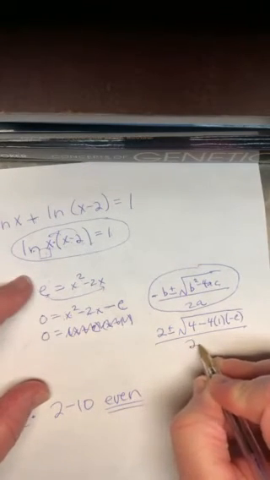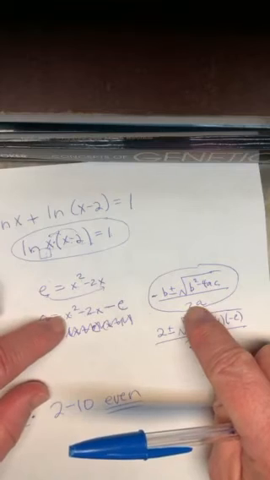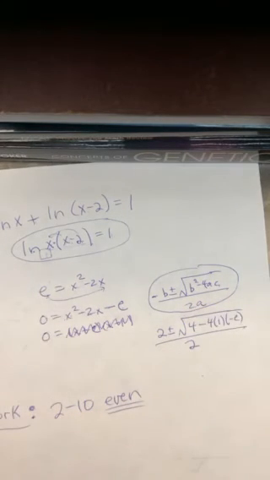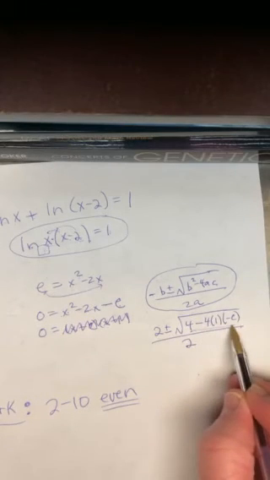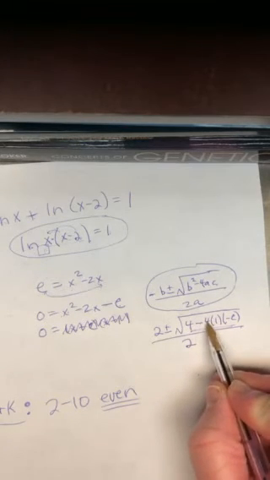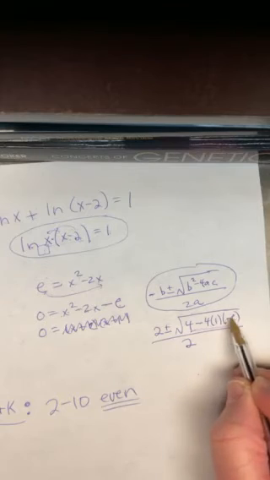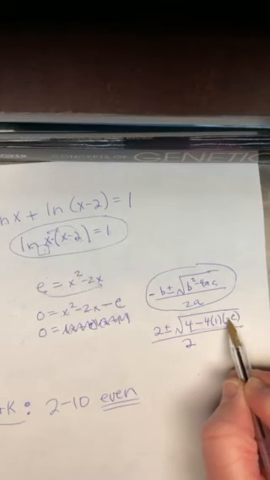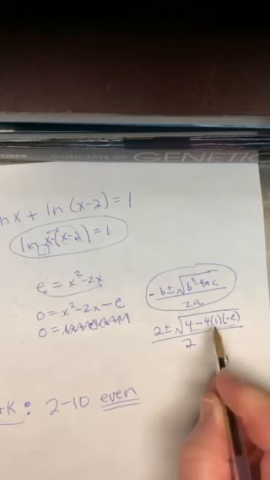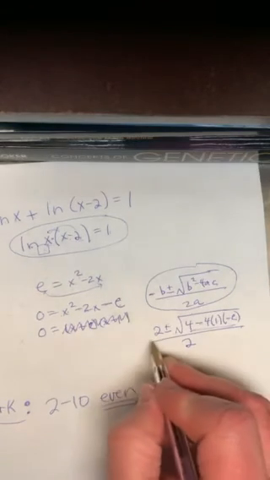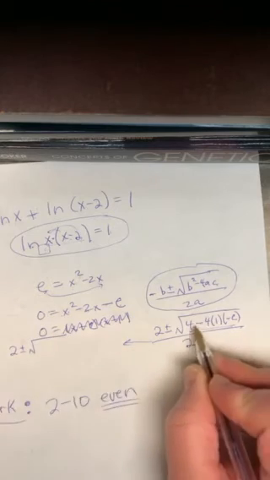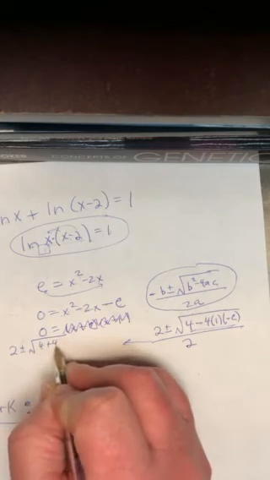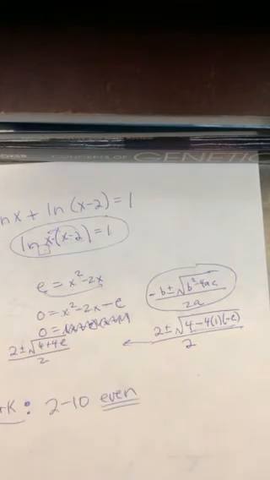So that's just going to be 2, because it's going to be 2 times what? 1. I'm just using the quadratic formula. Now careful, guys. When you clean this up, obviously I have negative 4 times 1 times negative e, and a negative times a negative is a positive. So really it ends up being what inside here? 2 plus or minus the square root of 4 plus 4e all over 2.